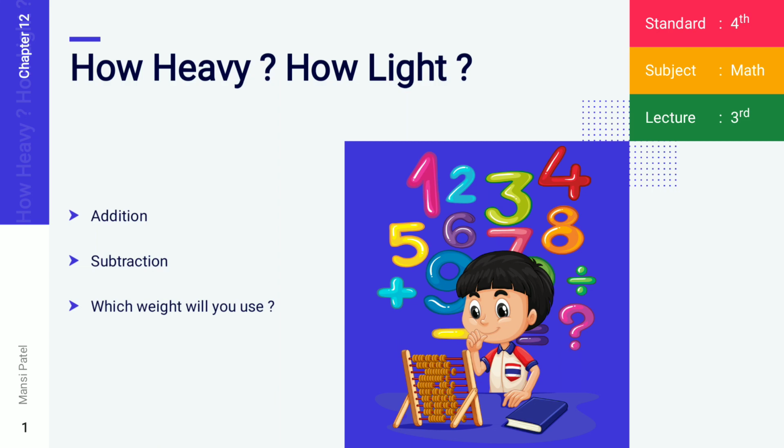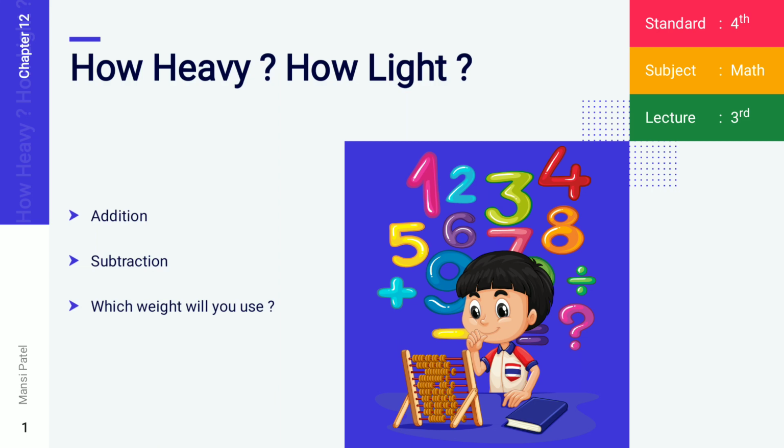But before starting the addition, one thing you have to remember: whenever you have to do the addition or the subtraction, the units must be the same. If the units are the same, then you can do addition or subtraction.